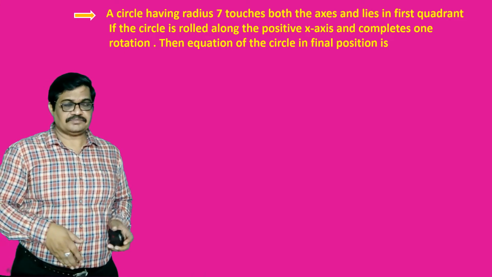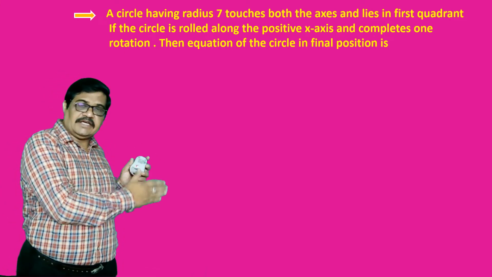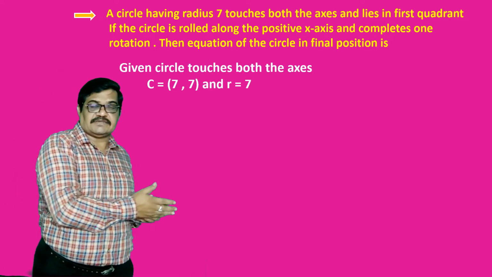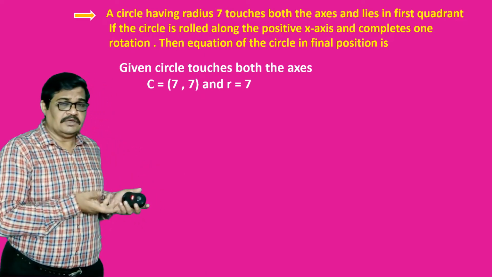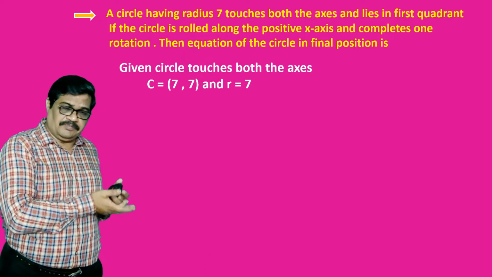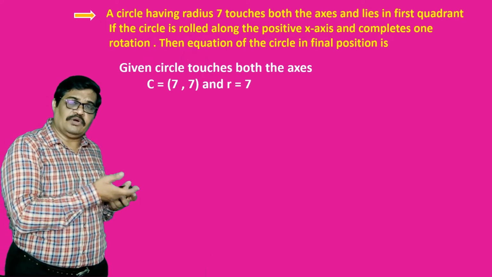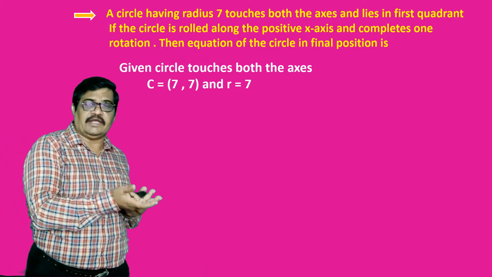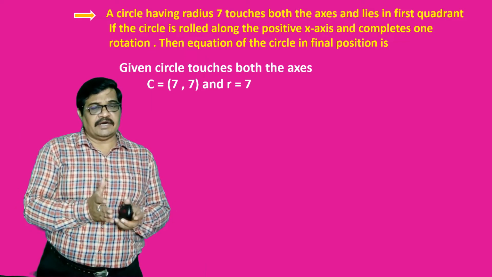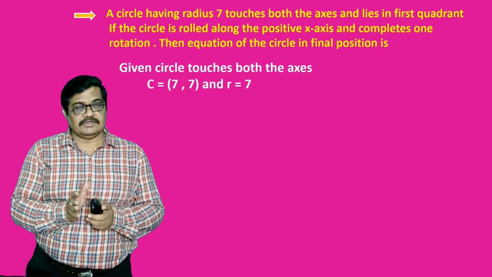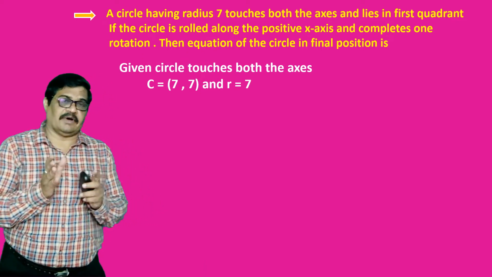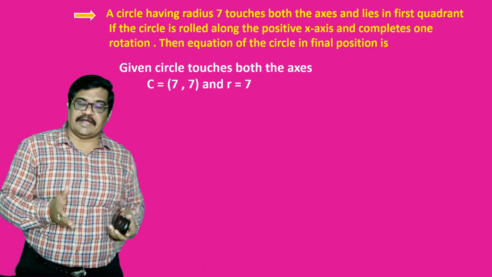See, the given circle touches both the axes, so the x coordinate of the center is equal to the y coordinate, which is equal to the radius. Here the circle has radius 7 and touches both the coordinate axes.